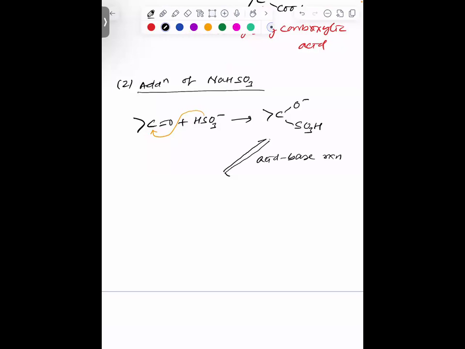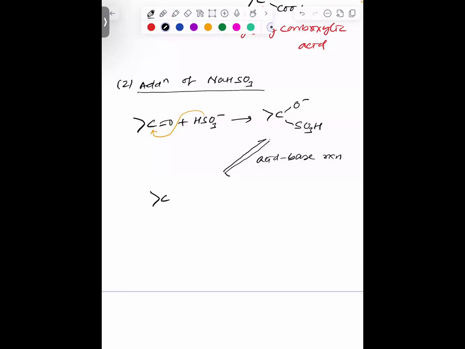From the conjugate acid base concept, the stronger the acid, the weaker is its conjugate base, and vice versa. So if sulfonic acid is the stronger acid, its conjugate base is weaker, and if alcohol is the weaker acid, its conjugate base on the alcoholic side is stronger. The stronger conjugate base will pick up H plus, and the stronger acid SO3H will release H plus.